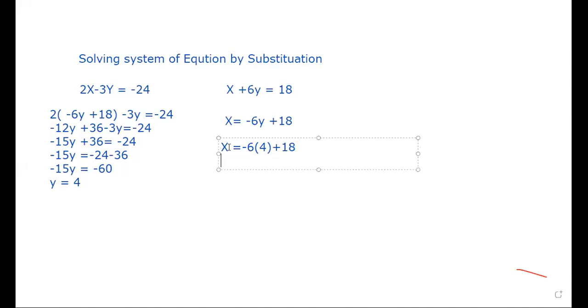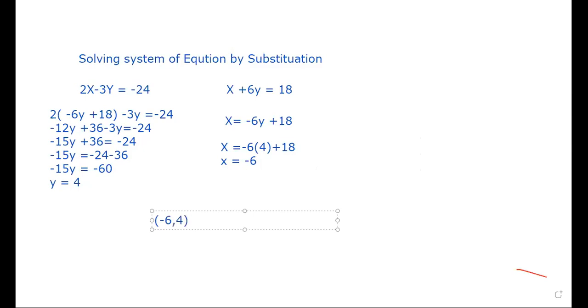So the value of x will be negative 24 plus 18, it will be negative 6, right? So the answer for this question is negative 6 and 4.